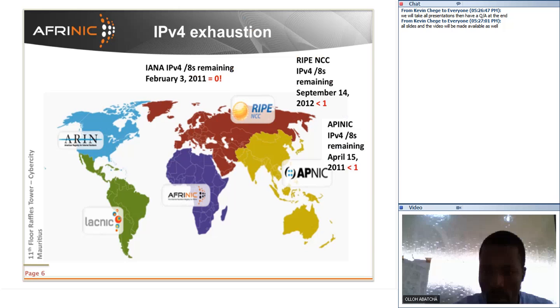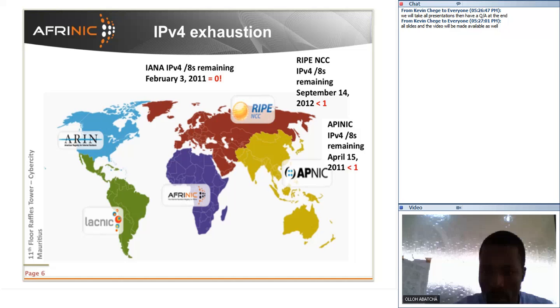Based on a global policy that was put in place, there were no more /8s to give out to the RIRs. So each RIR had some space left, and it was distributing it to its region based on the policies that it had there.